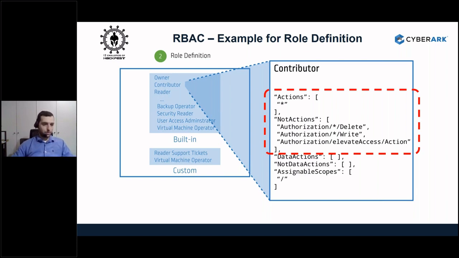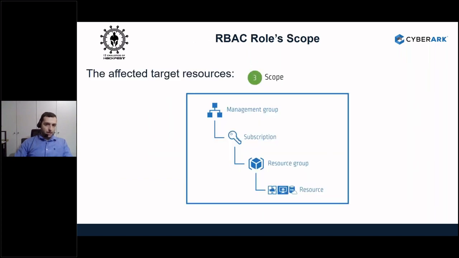It has all the permissions, but not the authorization permission. You cannot change permissions of others. And the third part is the resources. Again, it's an important part, and it defines what the actions are allowed to be performed on.